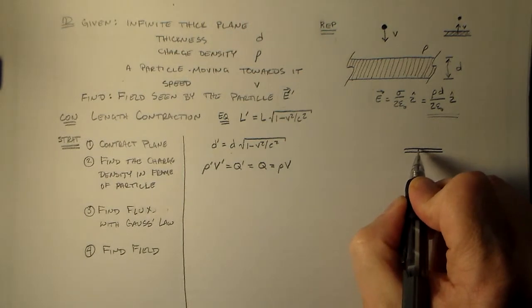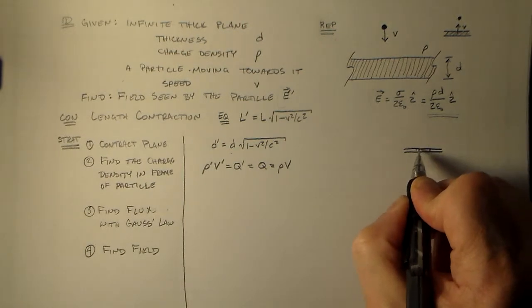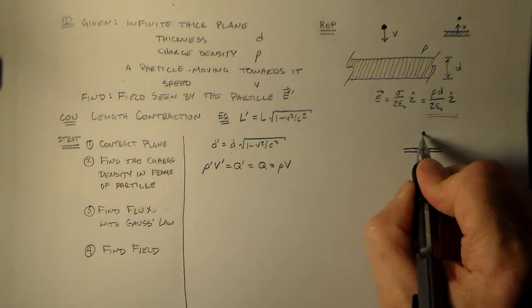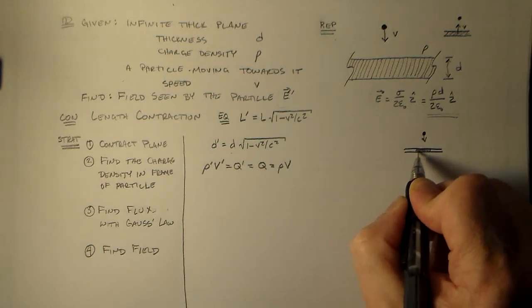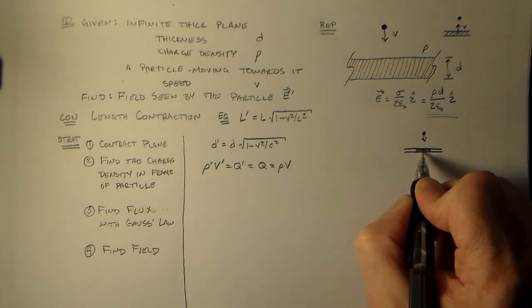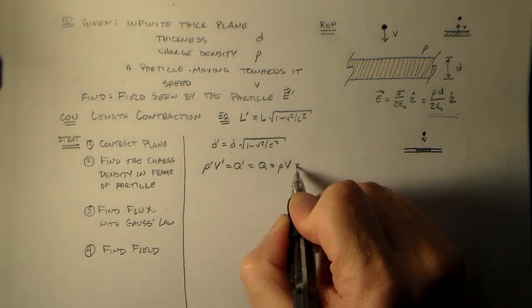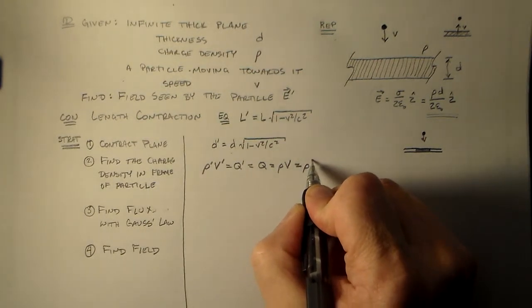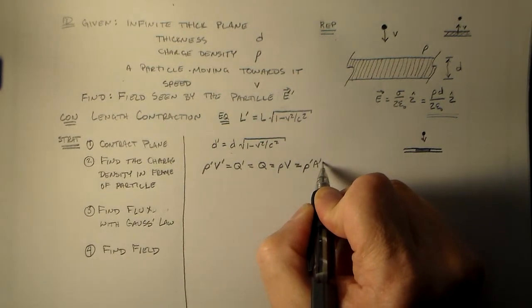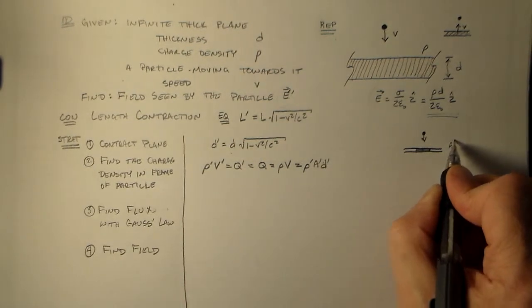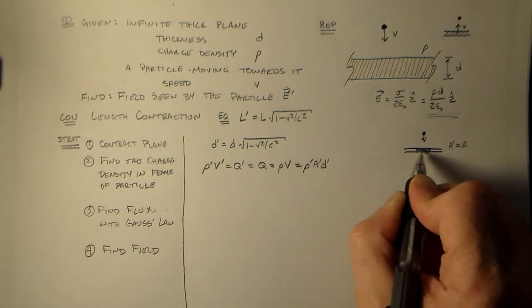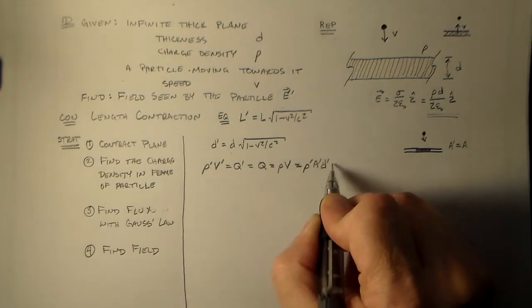So if we have some region here, and we have our guy coming down here, this part gets contracted, but this part doesn't. So this part is our area, and this part gets contracted. So if we have rho prime, A prime, D prime, A prime is just equal to A. The area part, this area here, isn't contracted, only this thickness is.